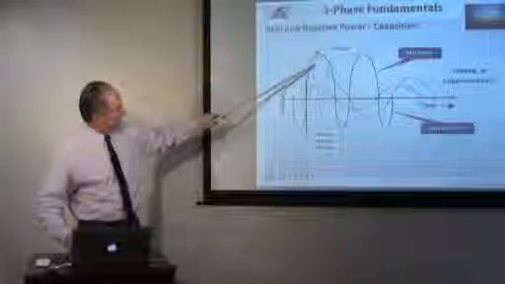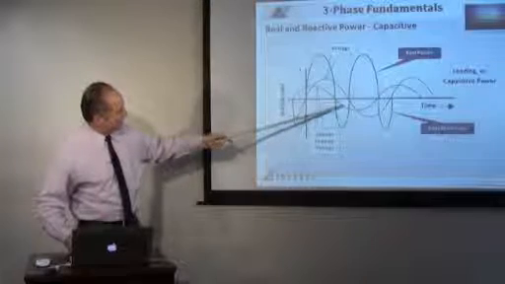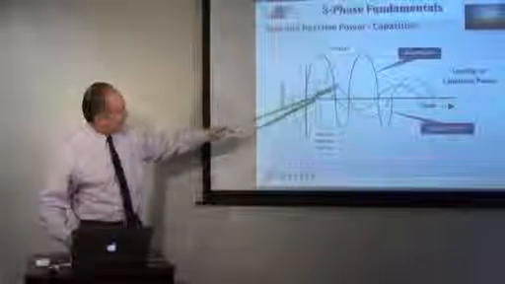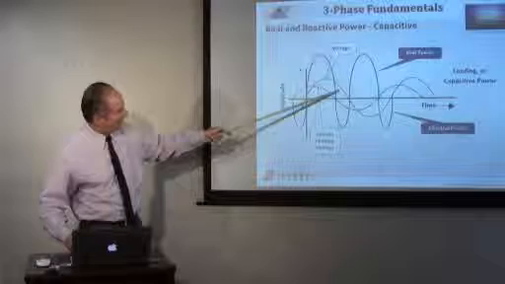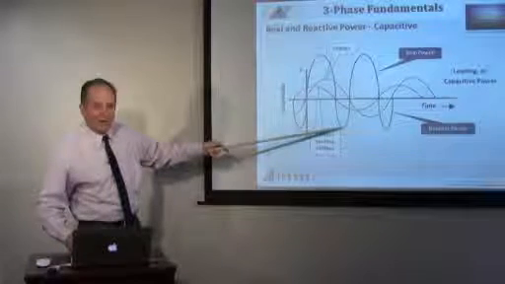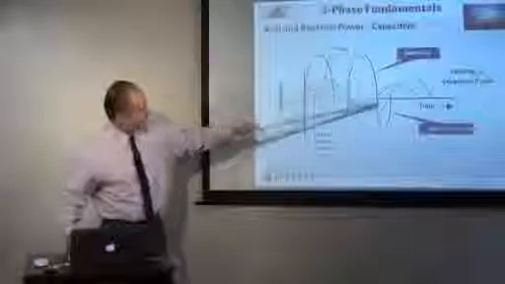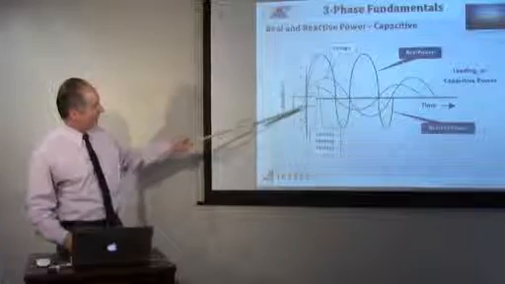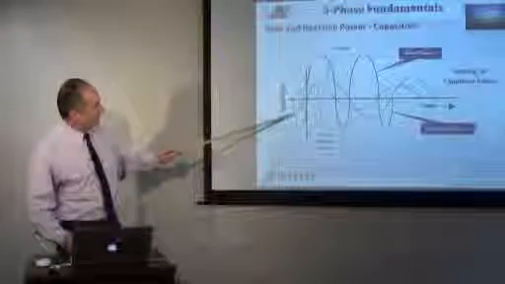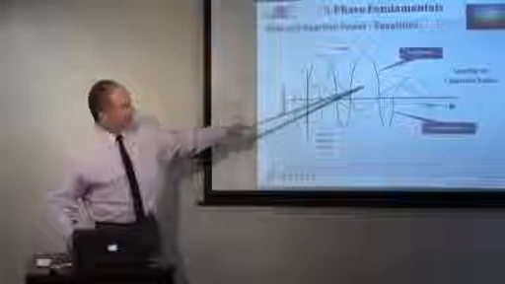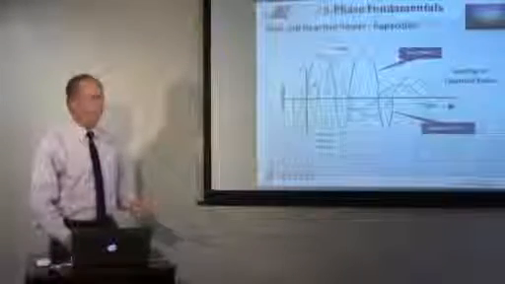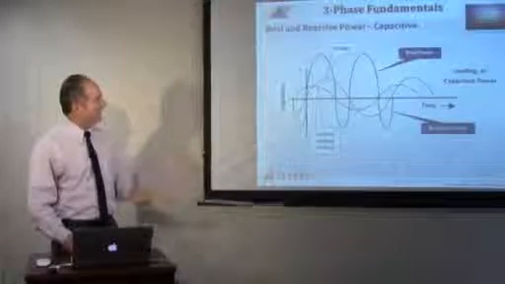This is the part that's positive power. Here the current's negative when the voltage is positive, and a negative times a positive is a negative, so now we have negative power here. Then we have positive power, negative power as you extend that over. So you can see we're losing power because we have a leading condition.